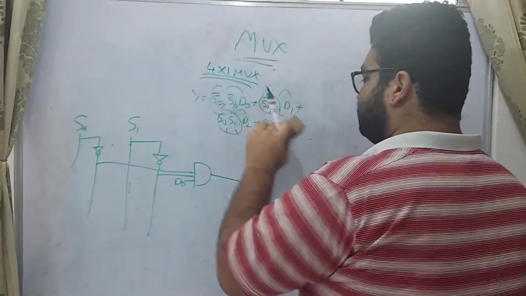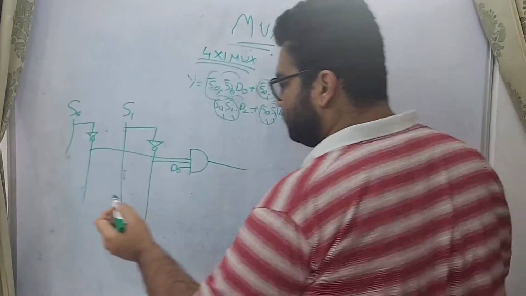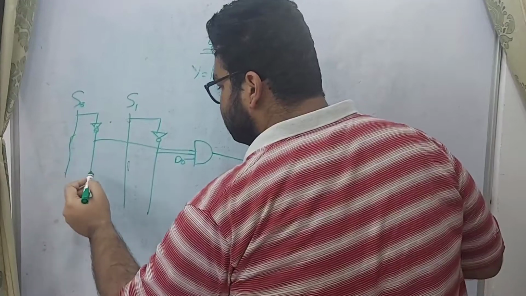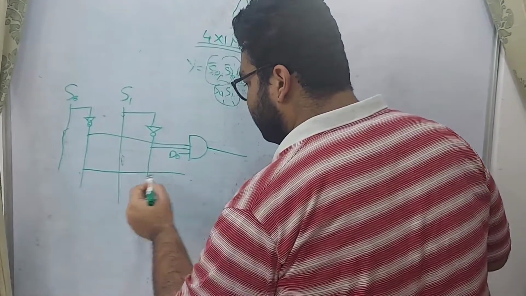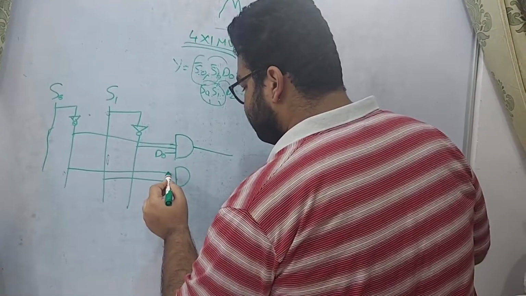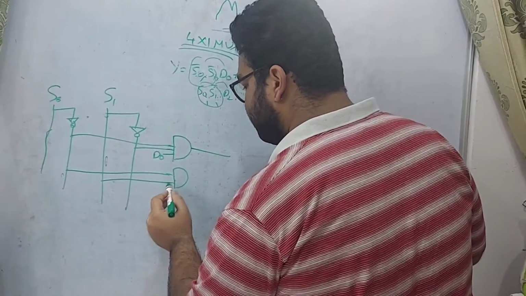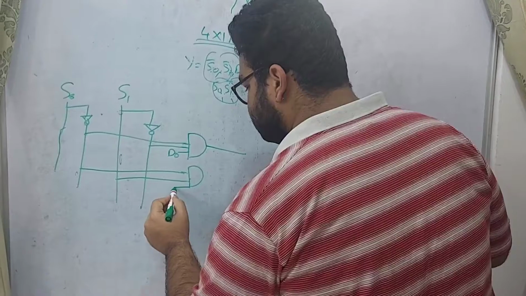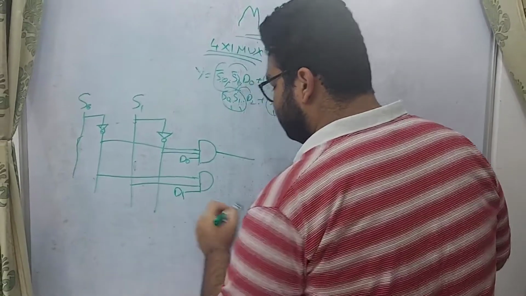And the next combination is S0 bar and S1, so that is D1.